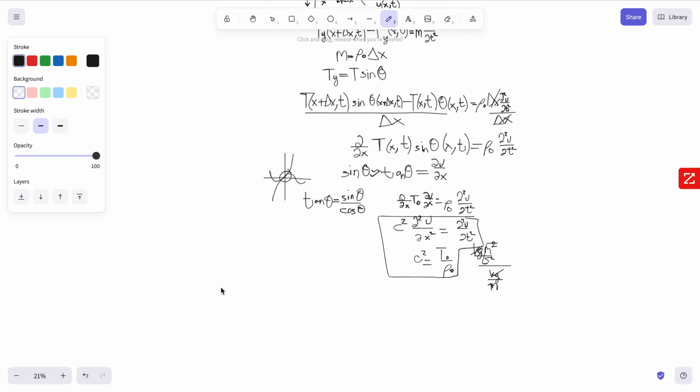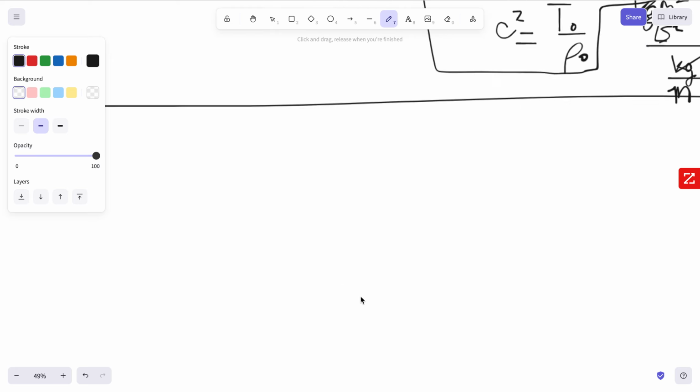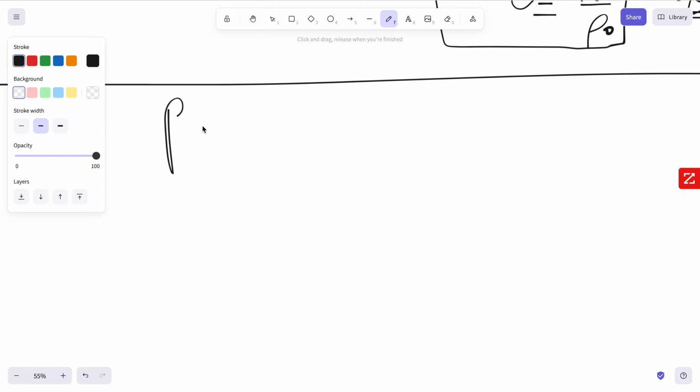Now that we've derived the equation, we also need to look at boundary conditions. And boundary conditions, again, are pretty similar to the heat equation in that there are three of them that we can look at.